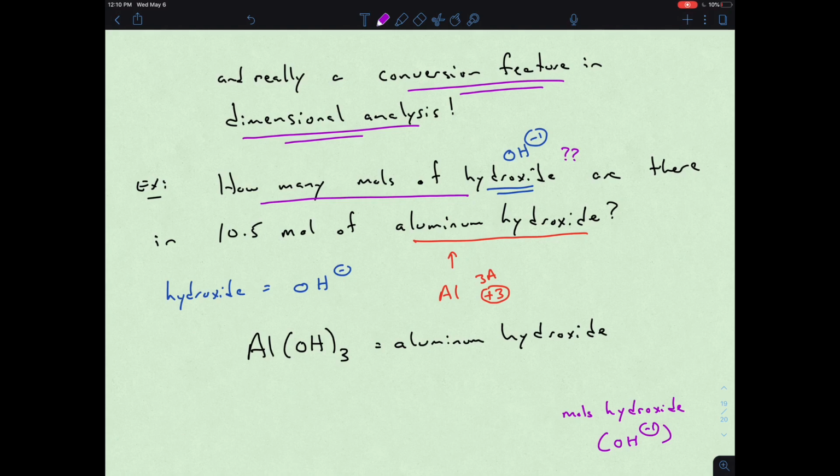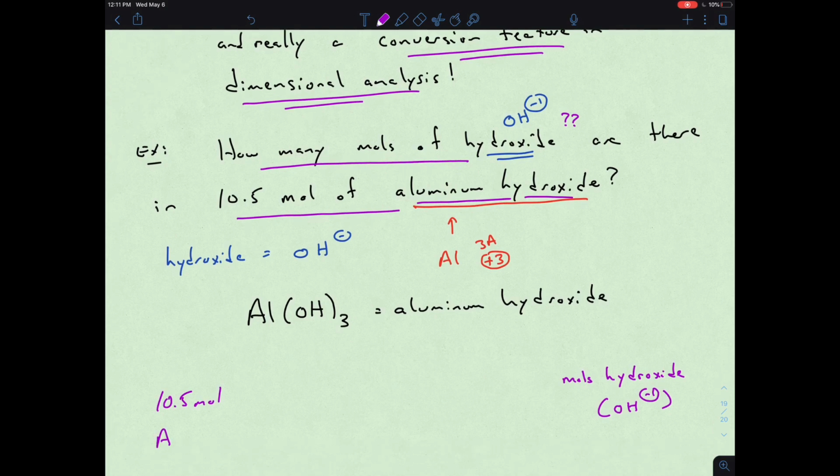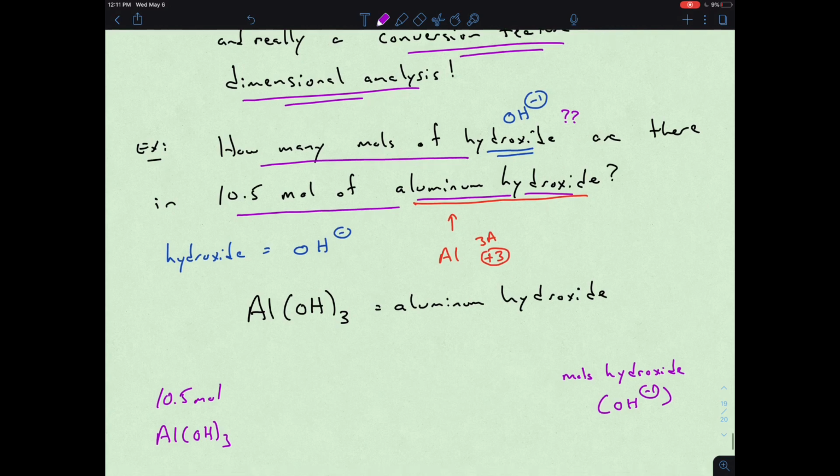And then what are we given? Well, we know that we have 10.5 moles of this aluminum hydroxide. So that's really where we're starting. We have to figure out the conversion feature between the two, and that's really the actual formula.